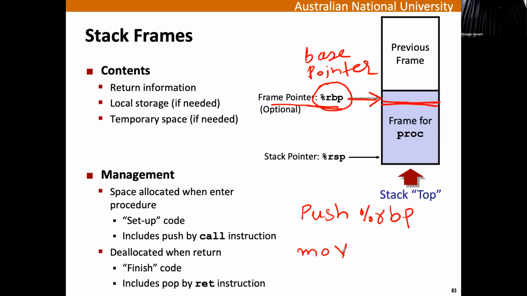When I enter the function, the callee, the first thing the callee is doing, it's pushing the base pointer on top of the stack. Why is it doing it? To preserve it, because the callee has the intention, it's going to do something with the base pointer. What is the next thing it will do?